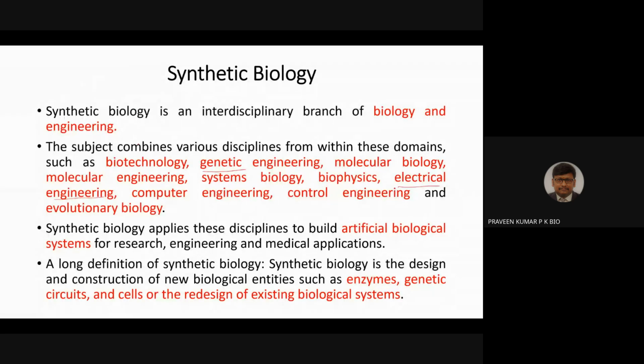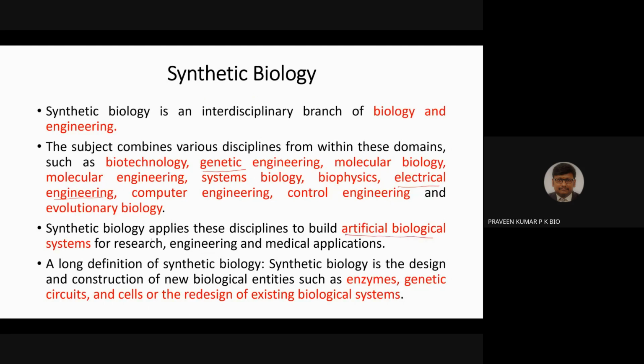And of course, one should have knowledge of computer engineering and control engineering. If you have complex gene circuits, one should know all this information: control engineering and evolutionary biology. So a lot of science and engineering technologies are involved in knowing about synthetic biology. Synthetic biology is used to build artificial biological systems.